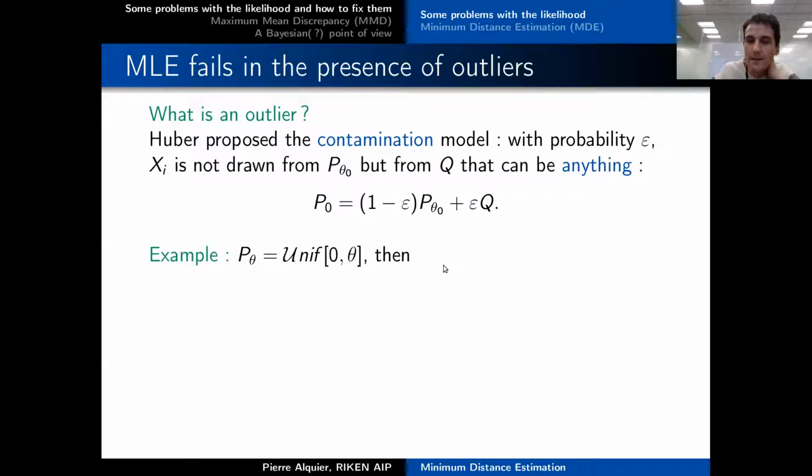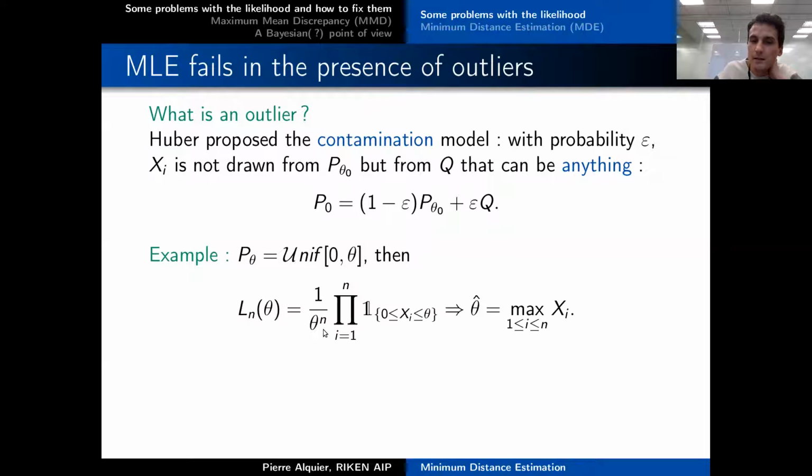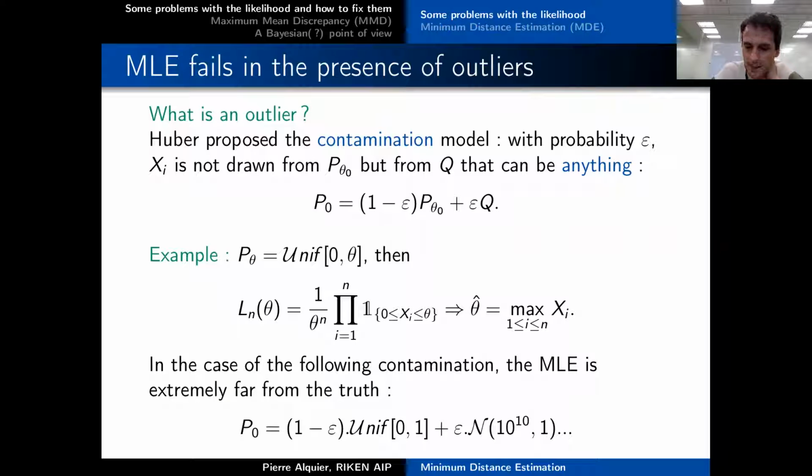And here again, it's possible to make MLE fail quite easily. For example, if you're estimating the upper bound of the uniform distribution with MLE, then the MLE is the maximum of the Xi's. But if Q is any distribution that can go outside of the support, then MLE can be very, very far from the correct theta naught. Actually, it will be possible to design an estimation method that can still recover theta naught in this context.